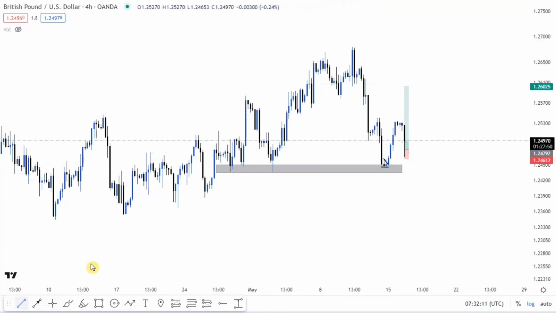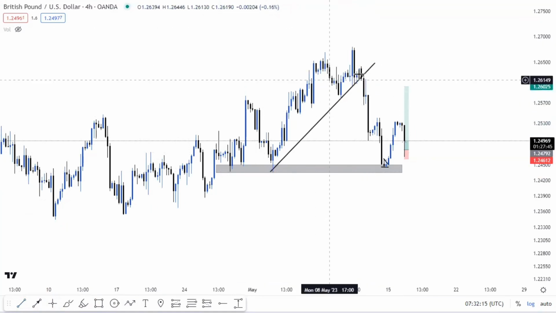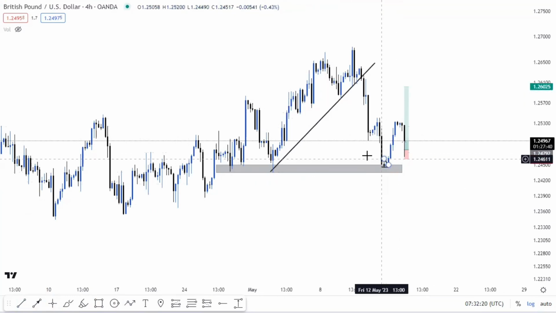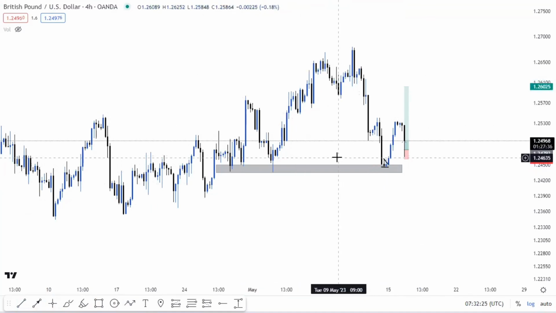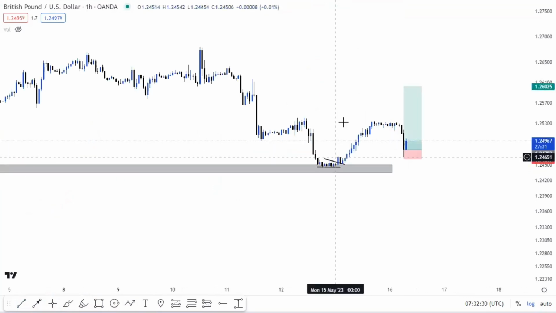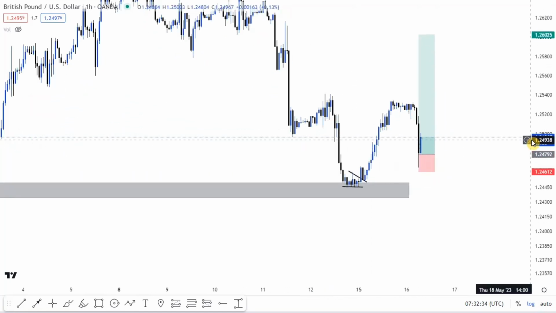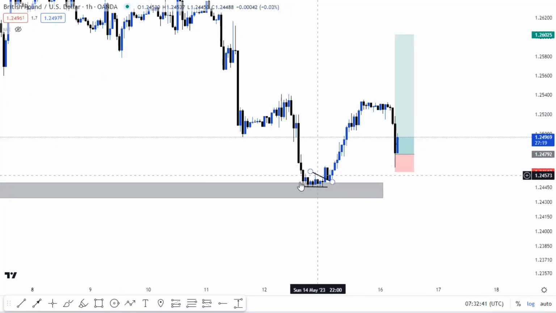It took a while, because the market traded above this area for a very long time before coming back. After seeing that, that's already a high degree of confidence for me. Since that happened, I'm expecting to take a buy from this particular area. There was a consolidation, an accumulation.